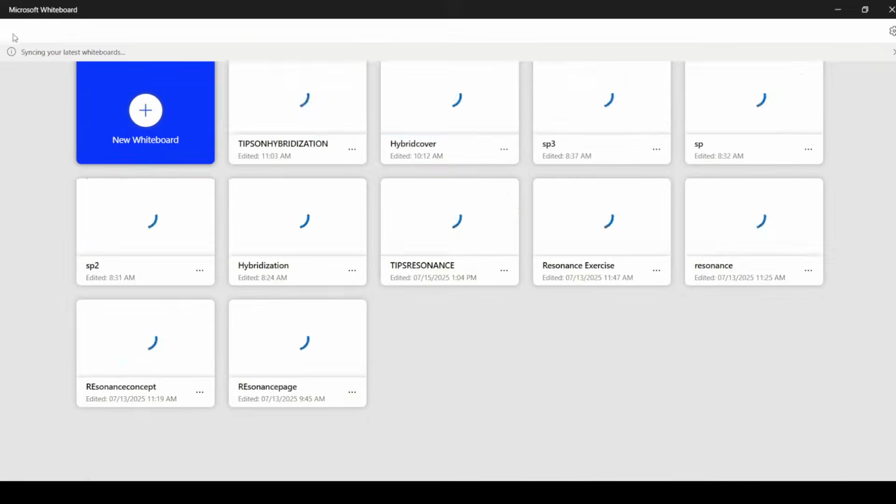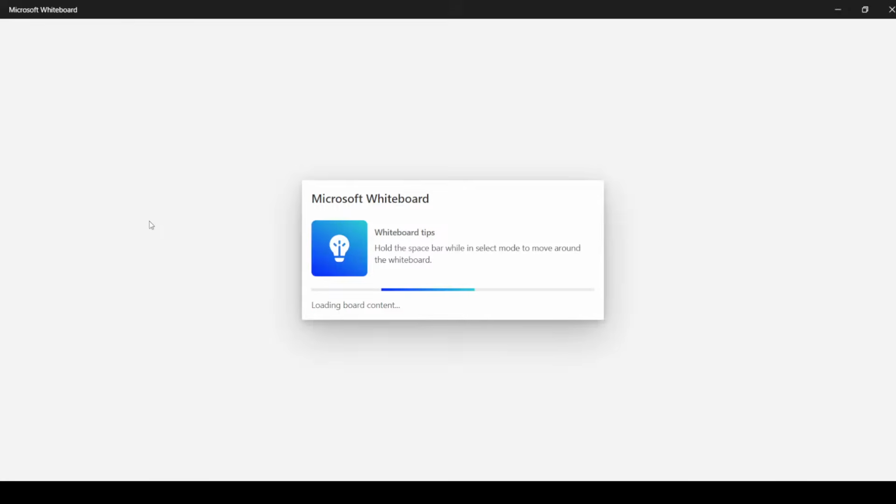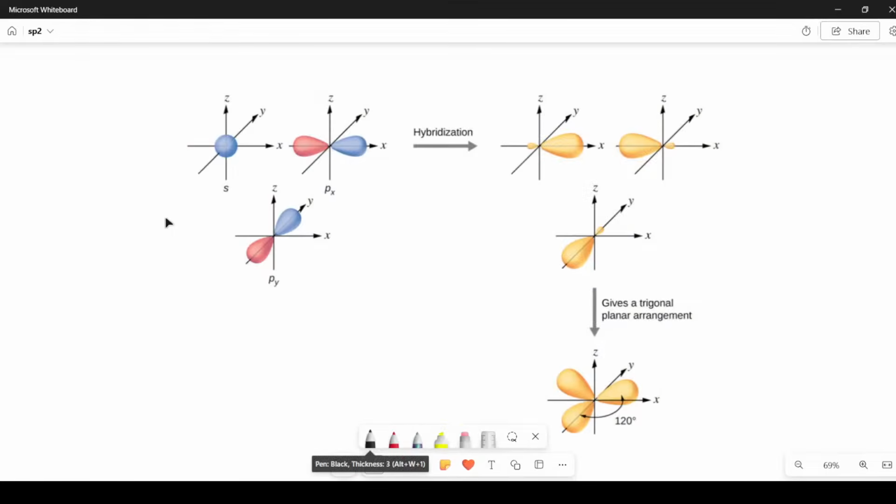Okay, let's see also sp2. Similarly, sp2 is a mixing of the 1s orbital with 2 p orbitals, it could be px and py, and there is one unhybridized orbital.